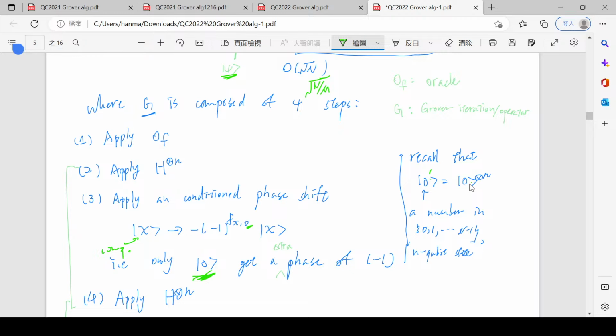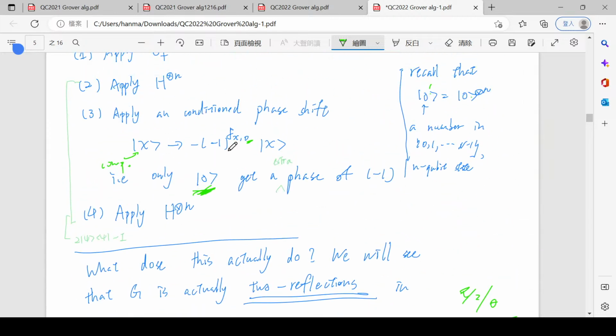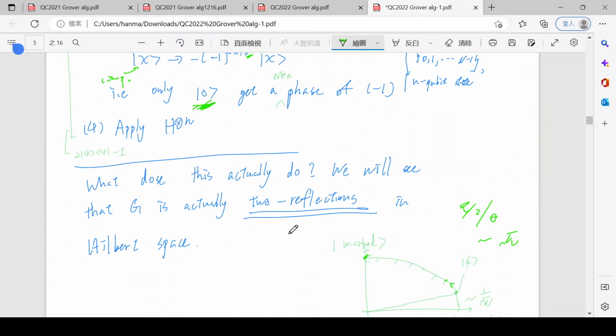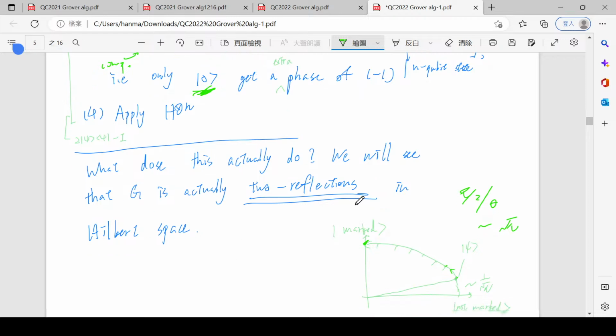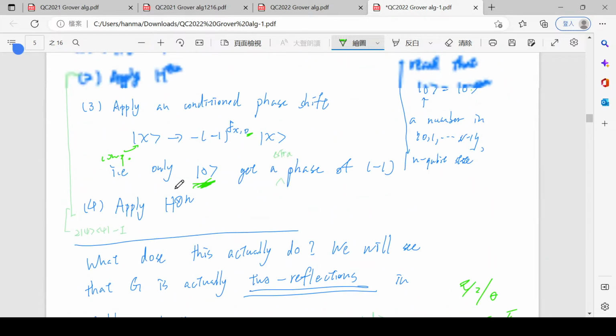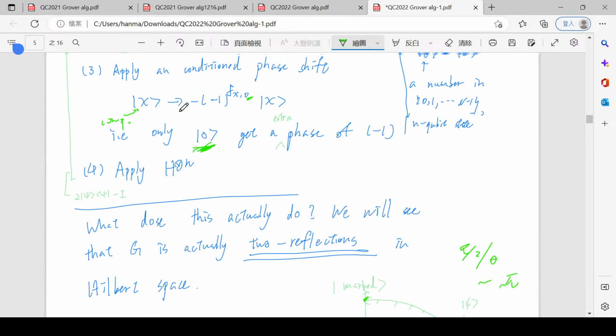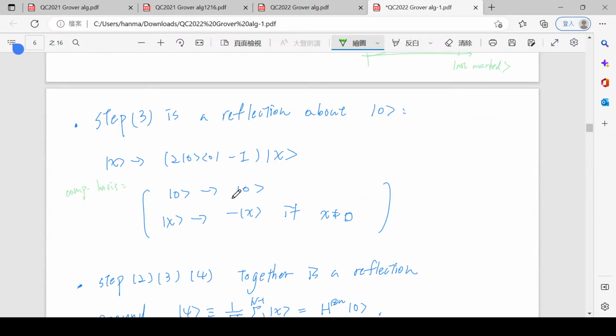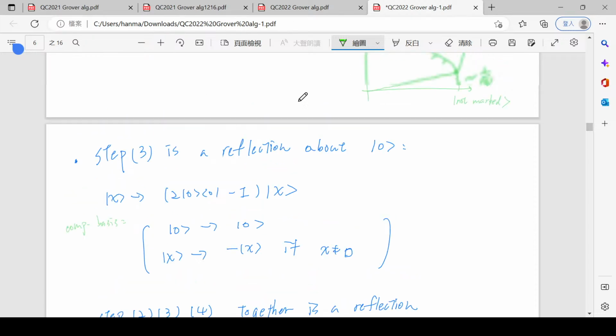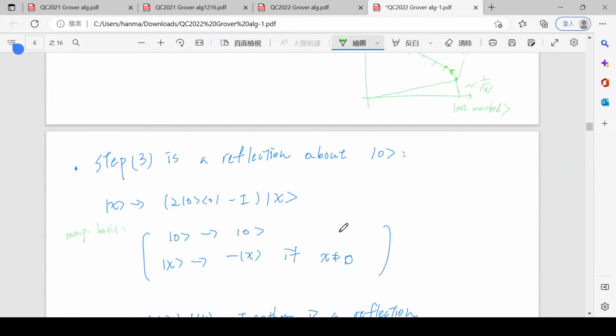Some kind of control Z. So that's this thing, and as we say, it's a true reflection. Let's look at this more closely. Why is this a reflection? Because it's a reflection around |0⟩. You can write this in a way that looks more like a reflection.